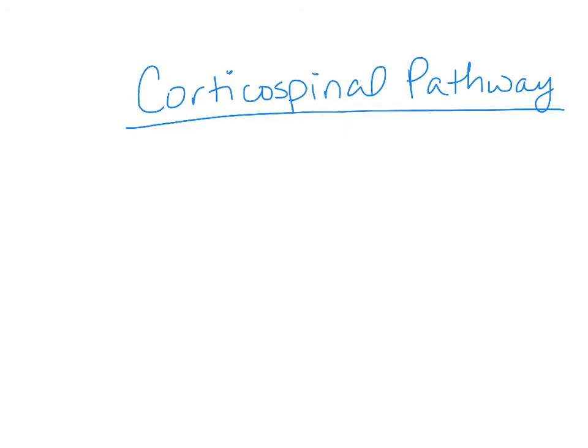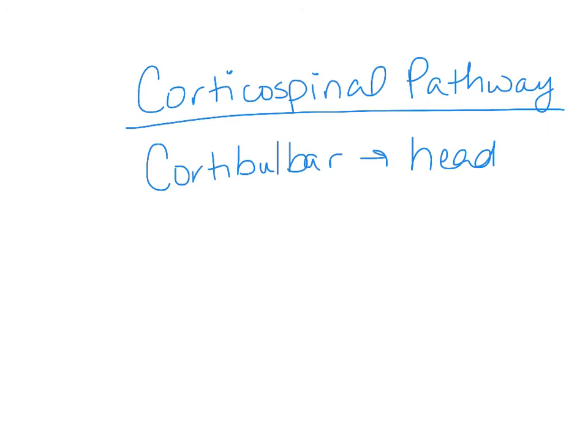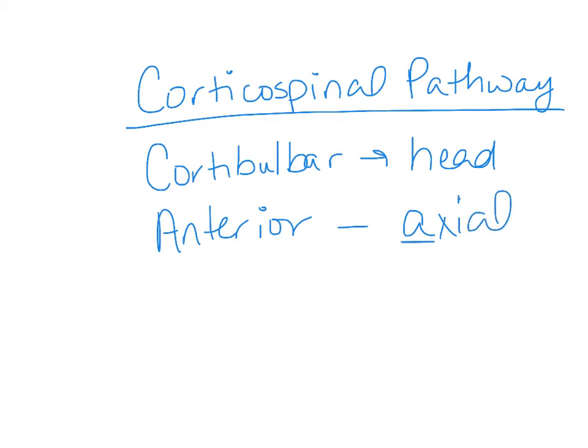So we have the corticobulbar. This is going to send commands to your head, so your face, your lips, your eyes. Then we have the anterior corticospinal. That's going to send commands to your axial skeleton. So look at that: axial, anterior.